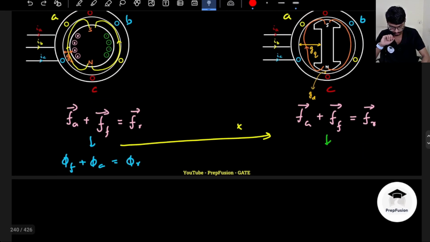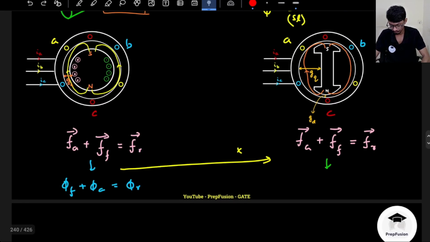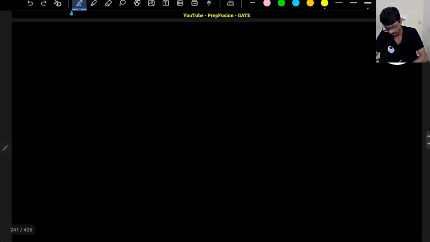Because, what you know is that if I say the motor is operating in, let's say, 0.5 lagging power factor.